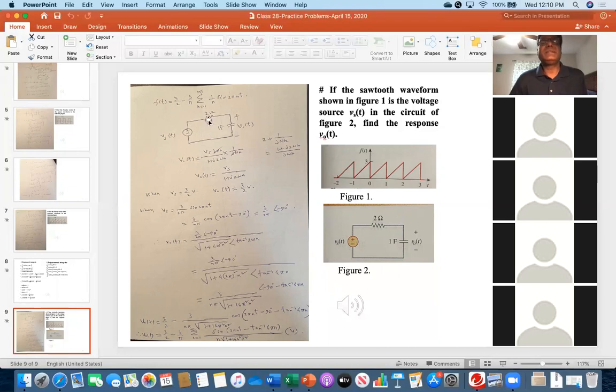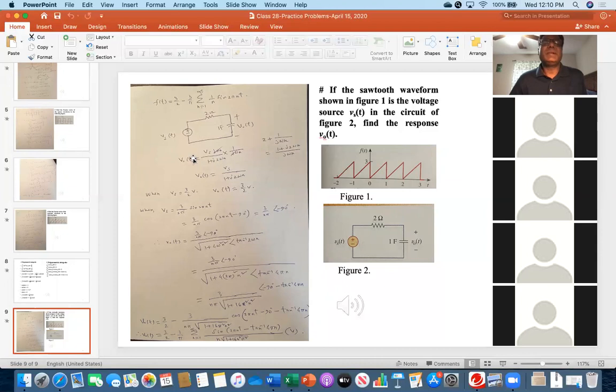So what I did: 2 plus, this is the capacitor, 1 over j omega c. In this case, omega n, because there is the nth term, in terms of Fourier, 1 over j omega n, and the c value is 1. Then in the next line you get 1 plus j2 omega n.